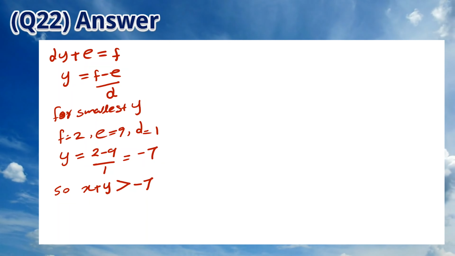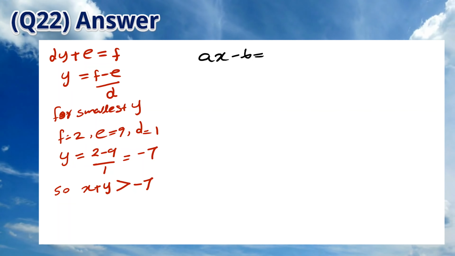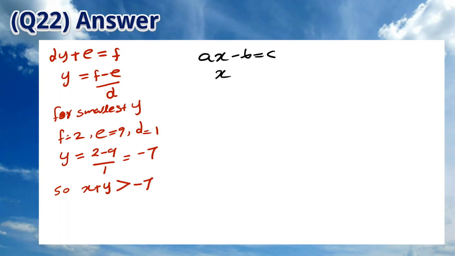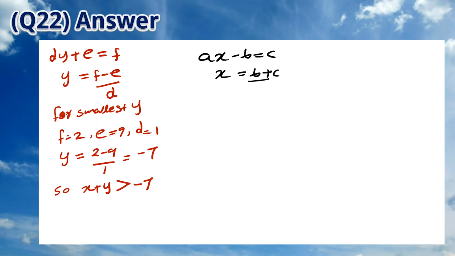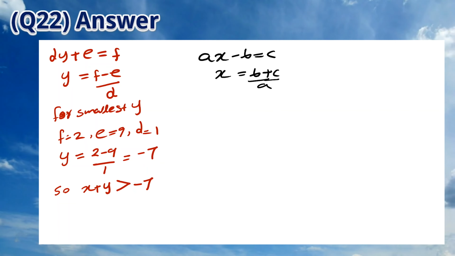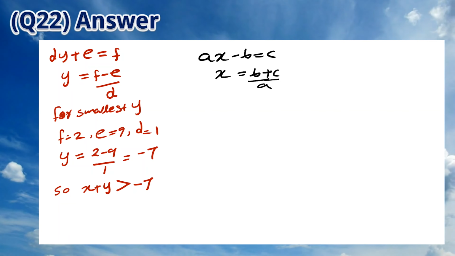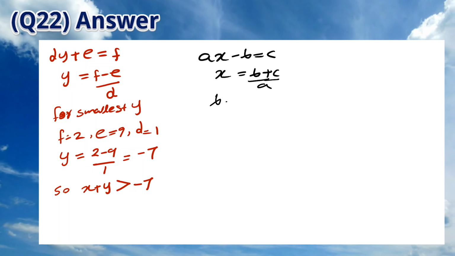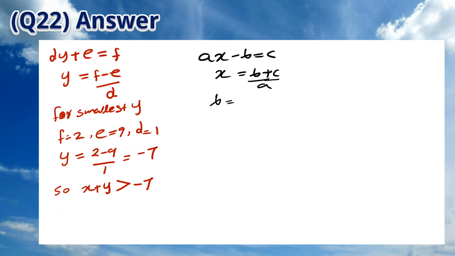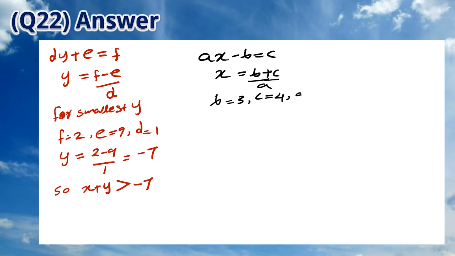Now getting the equation ax minus b is equal to c, we can rearrange it to get that x is equal to b plus c divided by a. X must be positive so that x plus y is as minimal as possible. This means that b has to be equal to 3, c is equal to 4, and a is equal to 8.